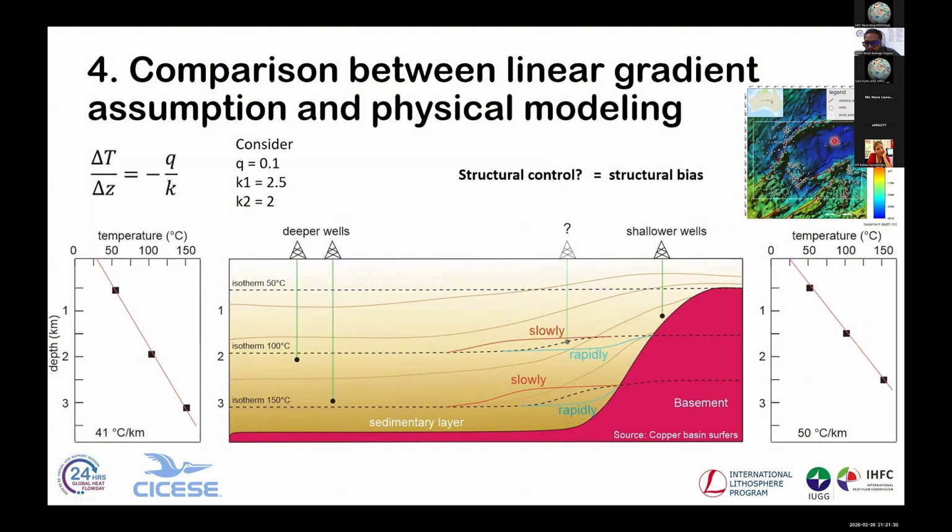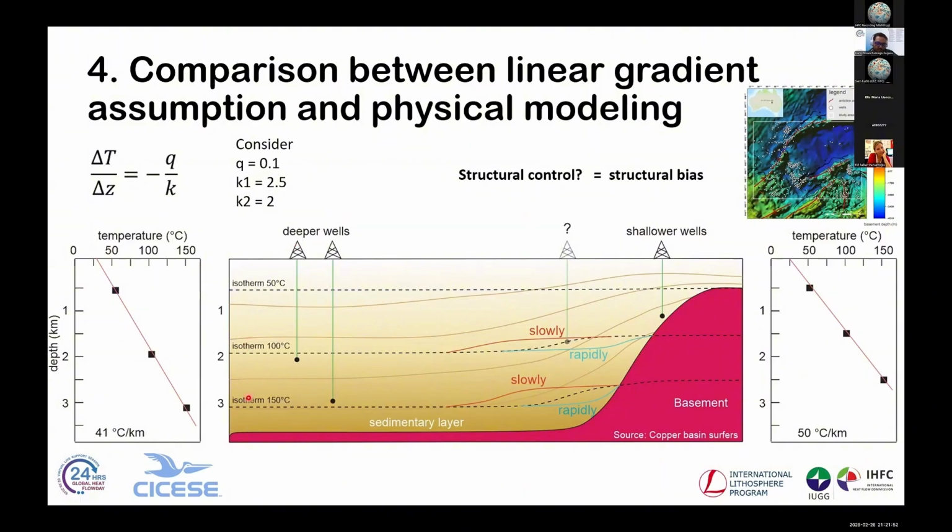And if you observe in the basement topography in Cooper Basin, this is occurring also in this basin. We have a lot of wells on the basement heights and really few wells in the depocenters of the basin.